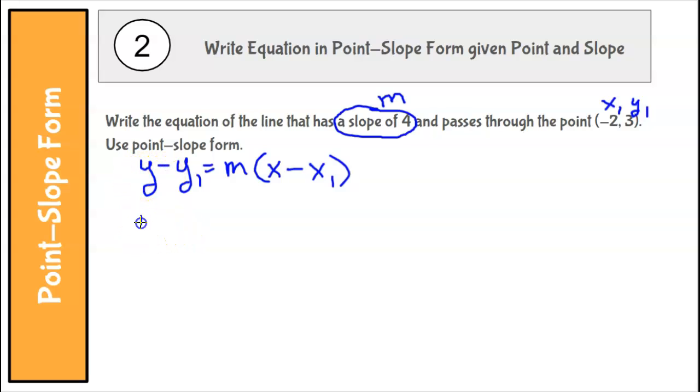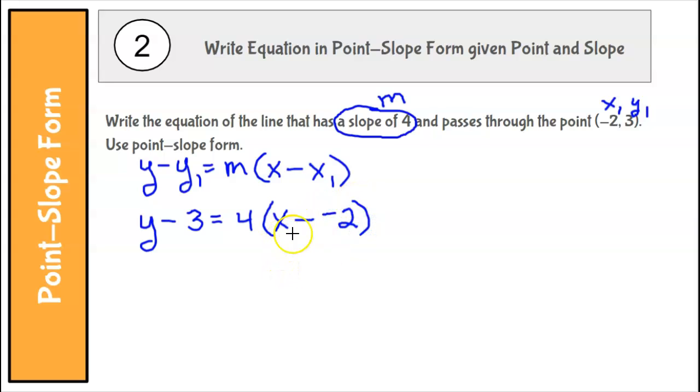So y minus is going to remain y minus. The y1 is going to be 3. Equals is equals. M is 4. Parentheses. X is going to remain x. Minus, I'm going to go ahead and put minus, but my x sub 1 is a -2.